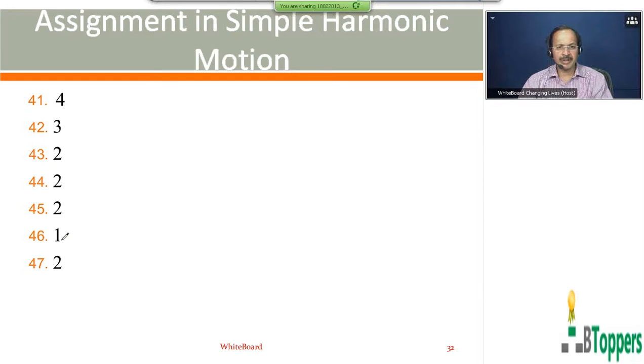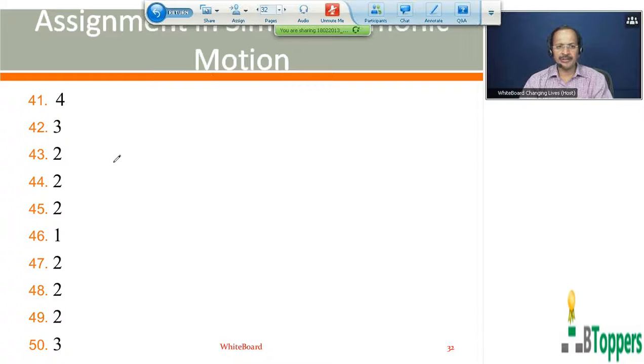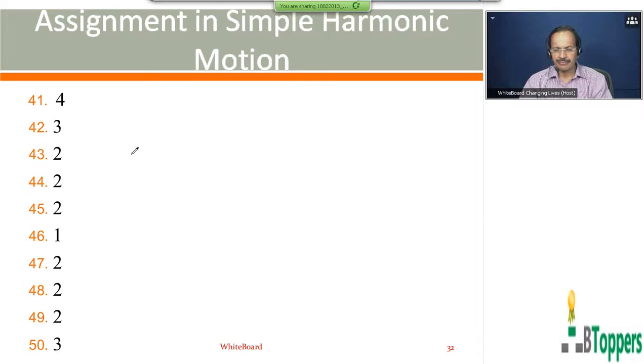For the next question 46, first option. For the next three questions 47, 48 and 49, second option. For question number 50, third option. You can take a pause and copy these answers.